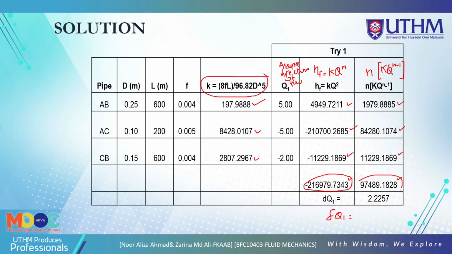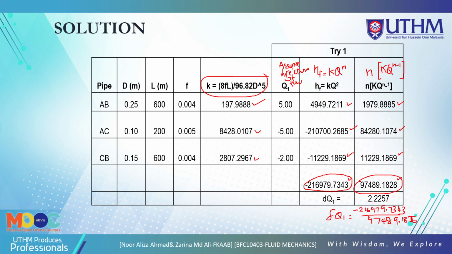divide by this one, so you get the negative 21697.37343 divided by 9748.8128.